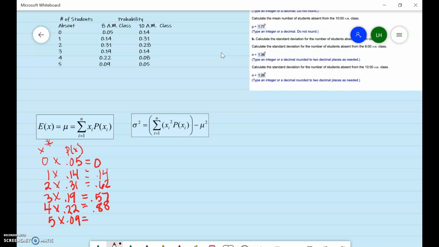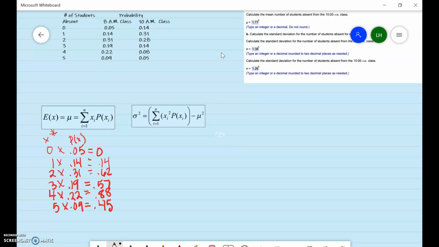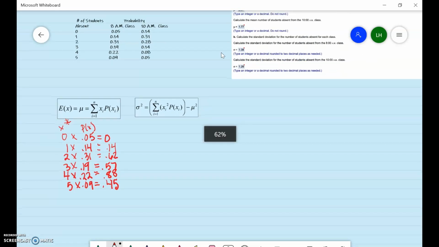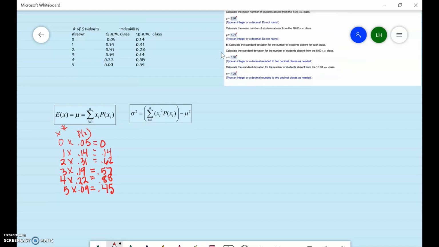Now the formula says after we multiply, order of operations says multiply first, then add. So when you add these together, you should get 2.66.